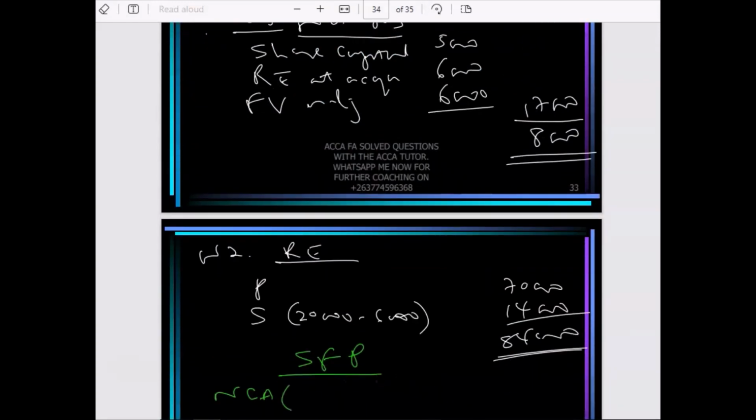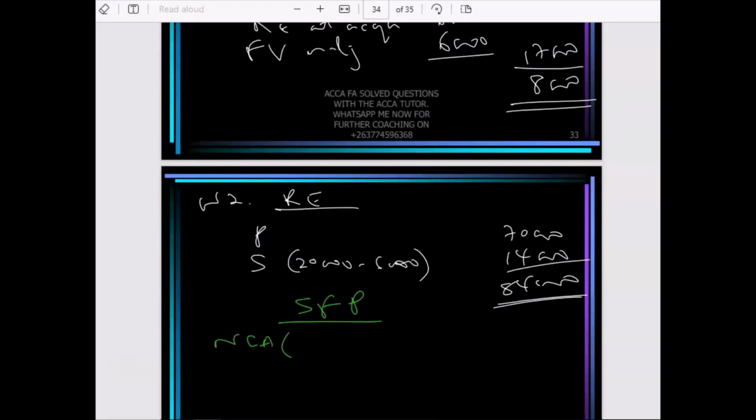So 76,000 plus the subsidiary's own 18,000 plus the fair value adjustment.